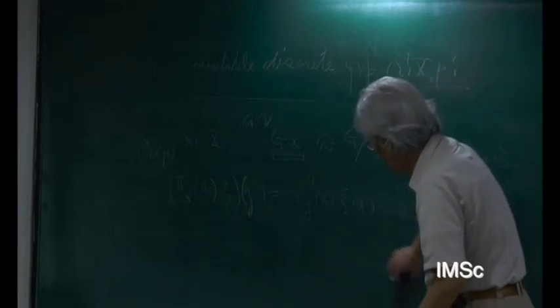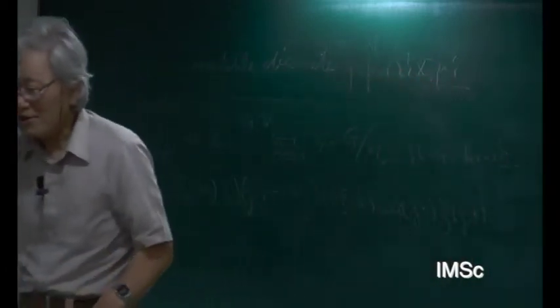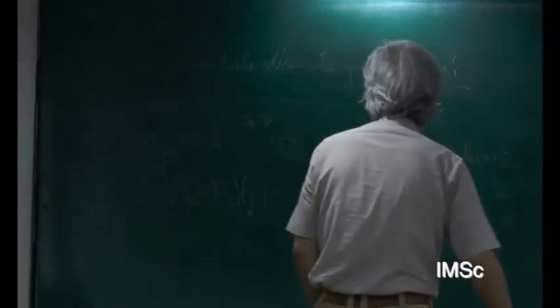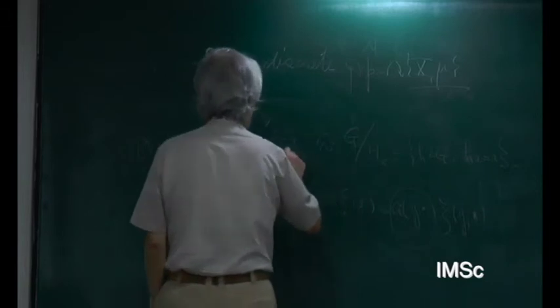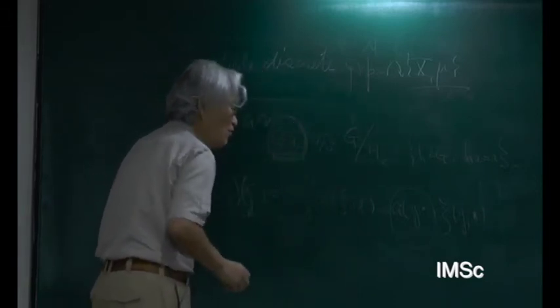Okay, here is where Krieger's ingenuity comes in. This is the function over each orbit.